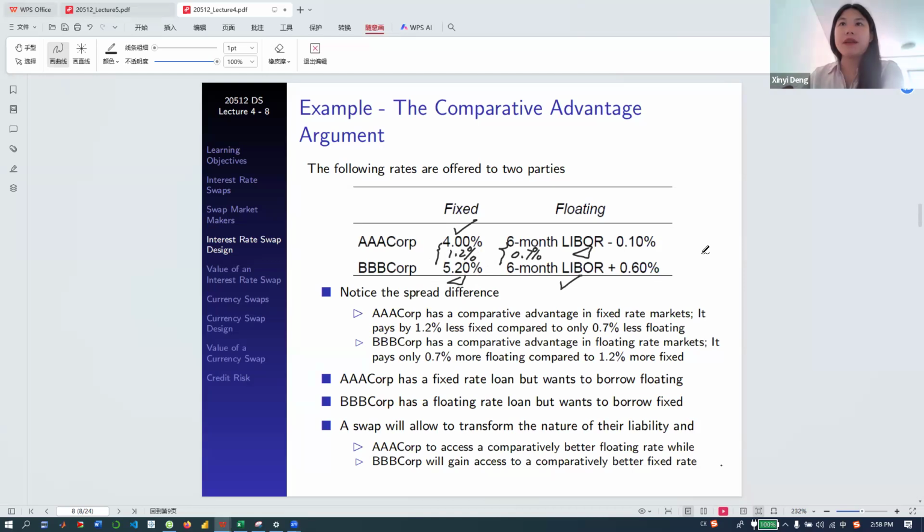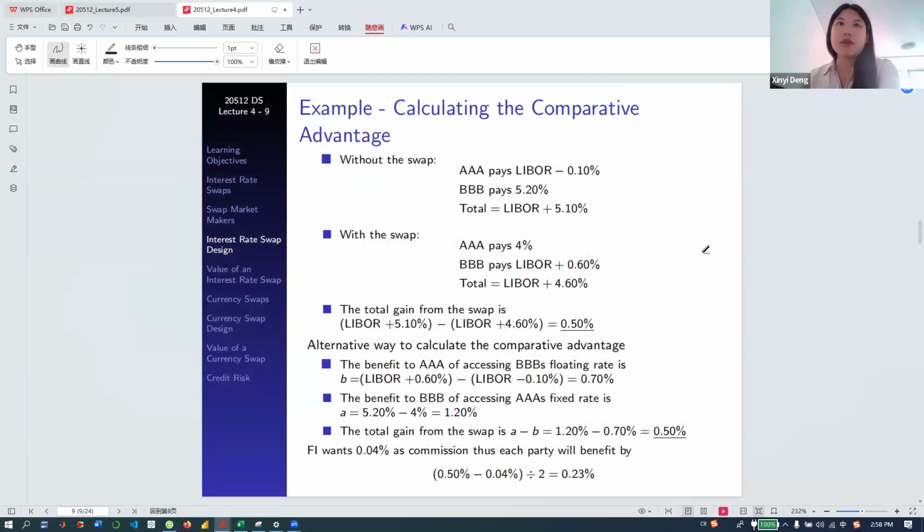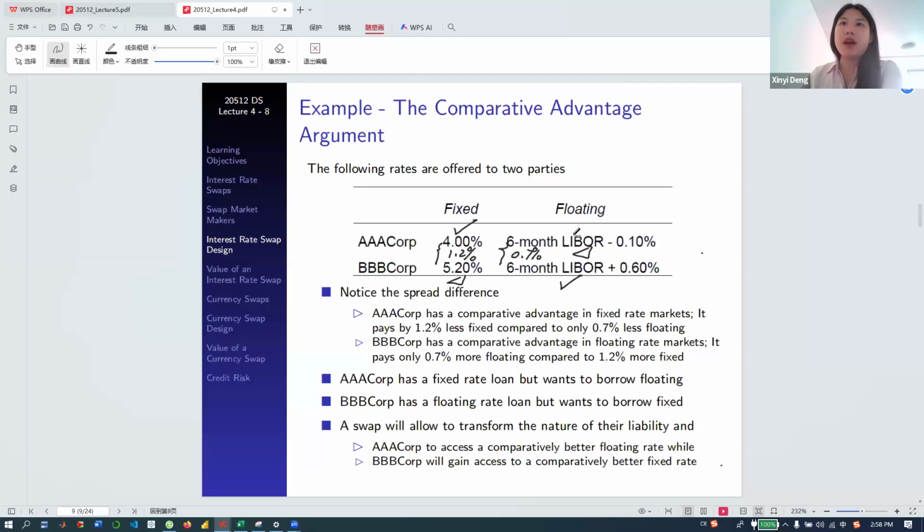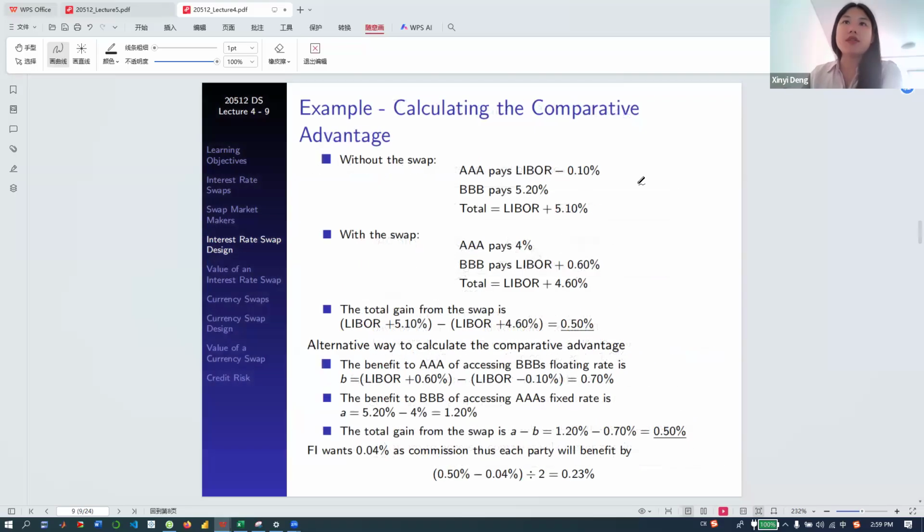Without the swap, you just add up those two rates to get their total borrowing cost: 6 months LIBOR minus 0.1 plus 5.2%, which is LIBOR plus 5.1%.